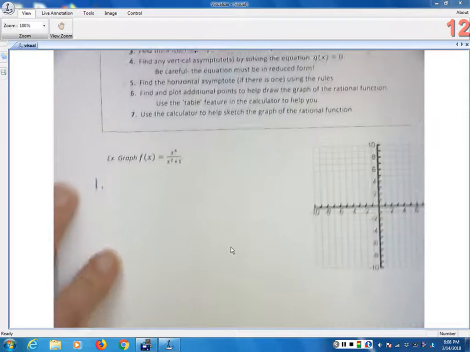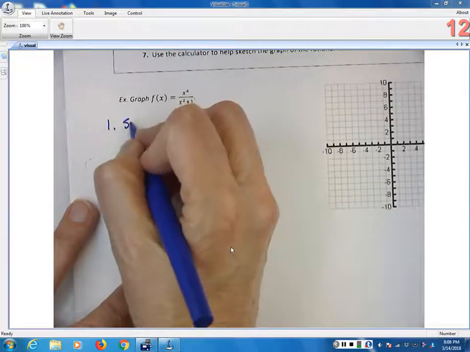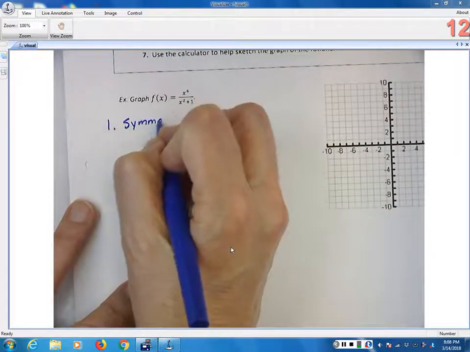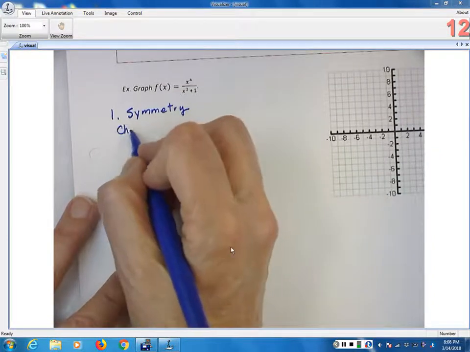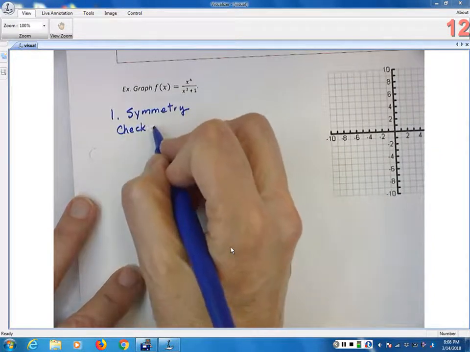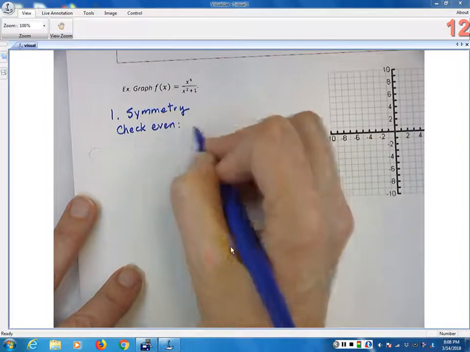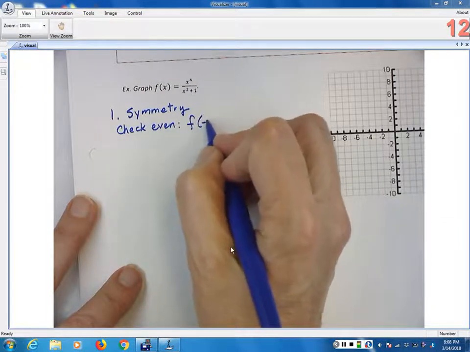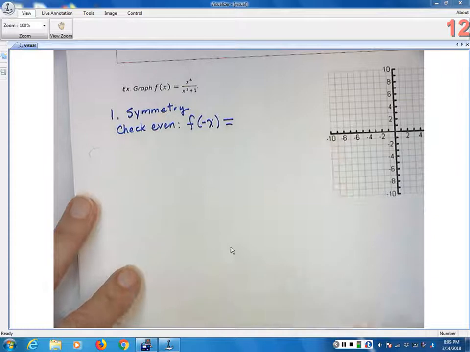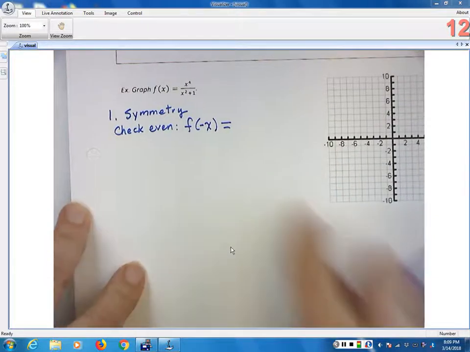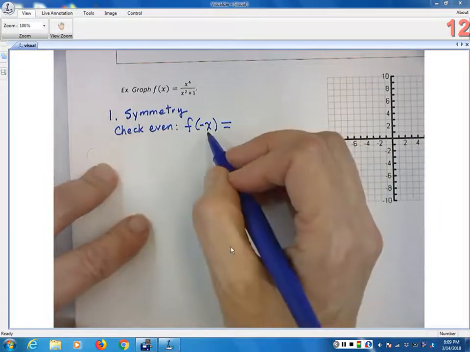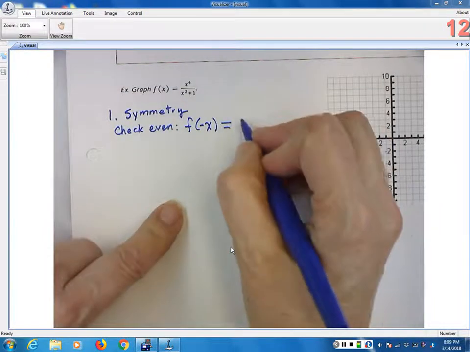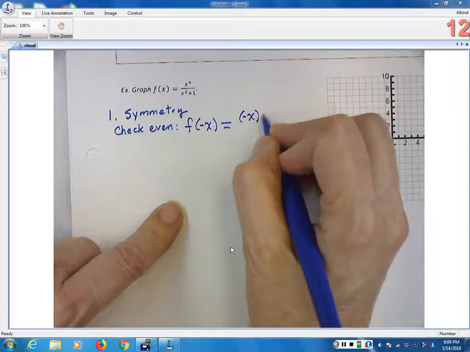So if we want to check symmetry, first we're going to check if it's even. We're going to find f of minus x. And if it equals the original function, then it's even, and we can stop. So everywhere you have an x, you're going to replace it with minus x.